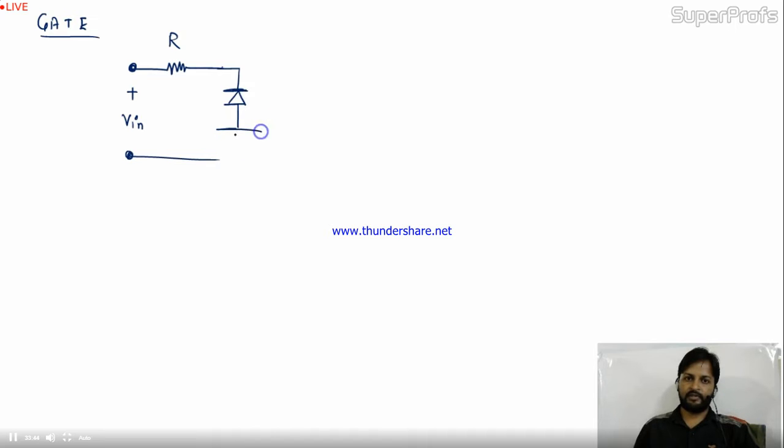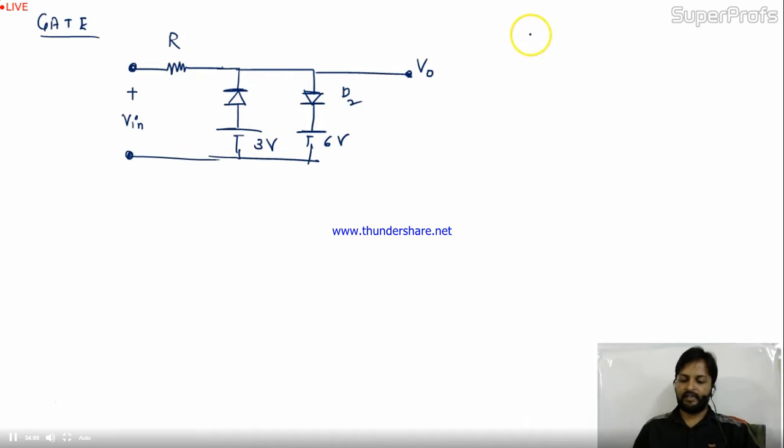At the positive terminal of the diode I have 3 volt. In parallel with this branch I have diode D2, at the negative terminal 6 volt. Here I am taking output from the circuit, and this is R.